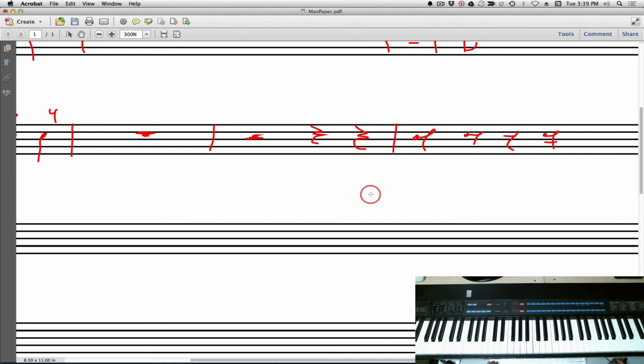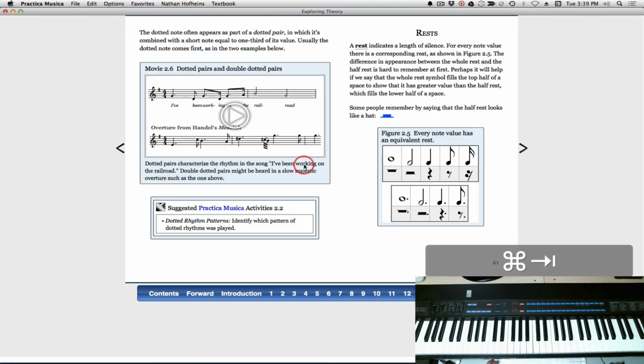So that's kind of how you write them handwritten. And what the rest is, that means that it's silence. If you've got music here, you're going to hear music all along the way. If you get a rest, that means that there is silence. So you have to notate where am I going to have silence?